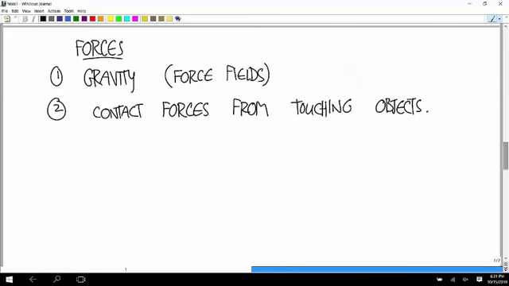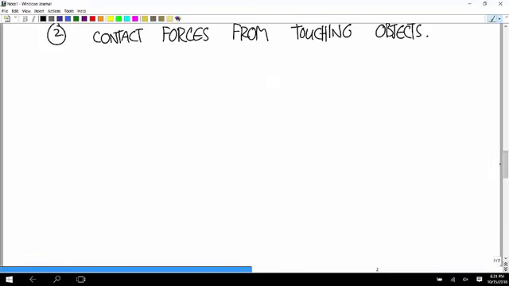Okay, so let's start talking about the different kinds of forces, and how you know what kind of force vectors are applied. So first, let's deal with the weight force. And weight is the force applied by gravity.